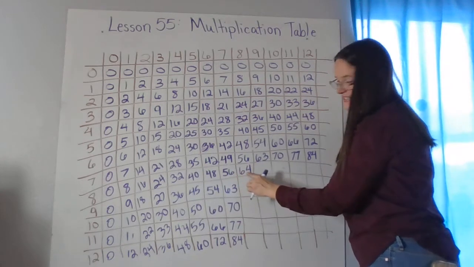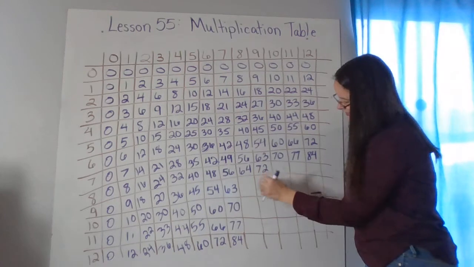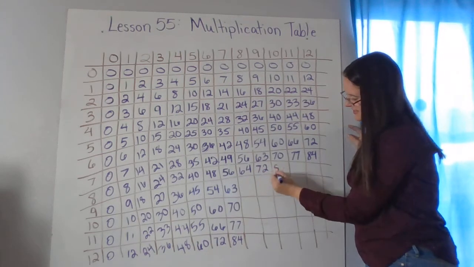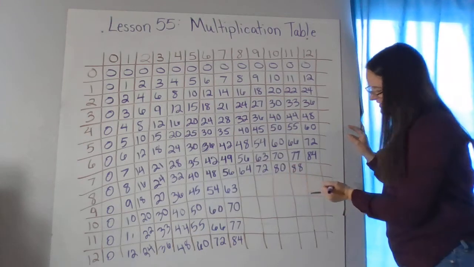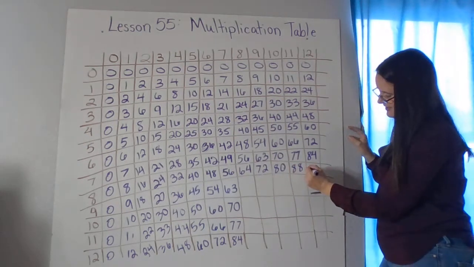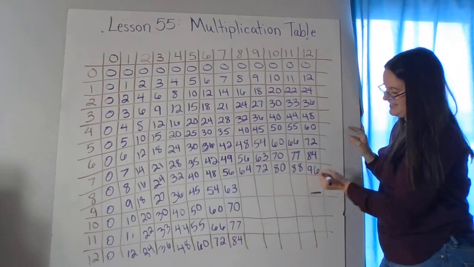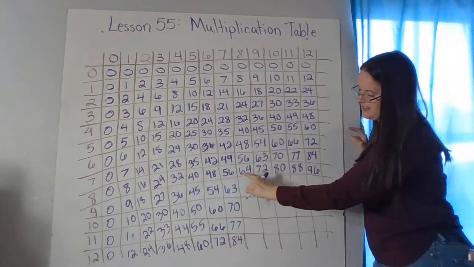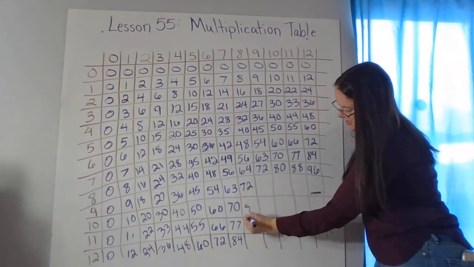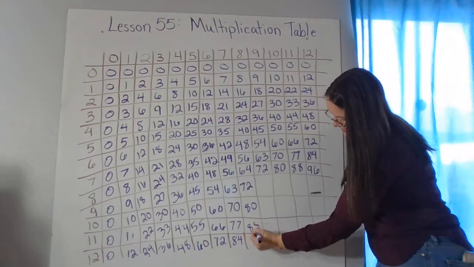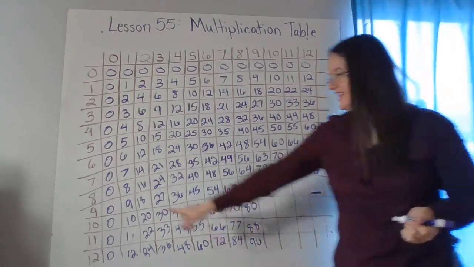Then 64 plus 8, 72. 72 plus 8, 80. 80 plus 8, 88. 88 plus 8, 96. Okay, we left off at 64, so we know our next one is 72, 80, 88, and 96.